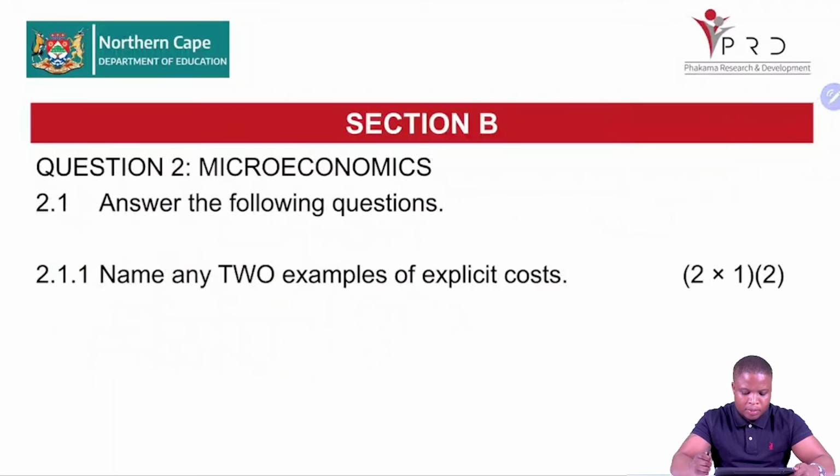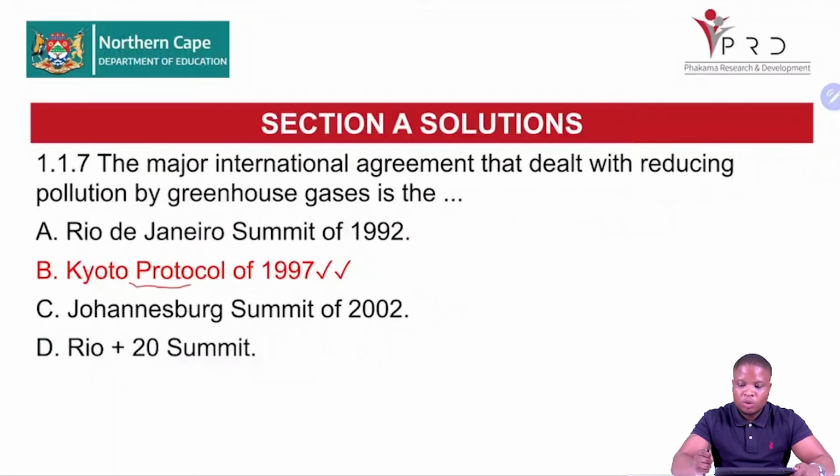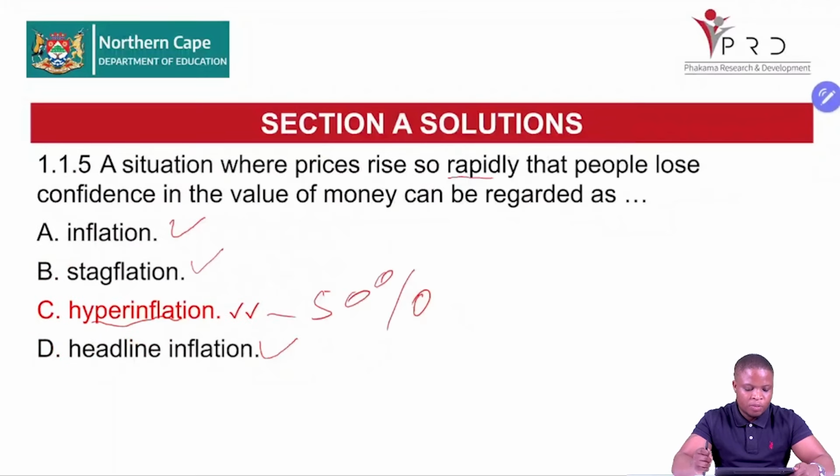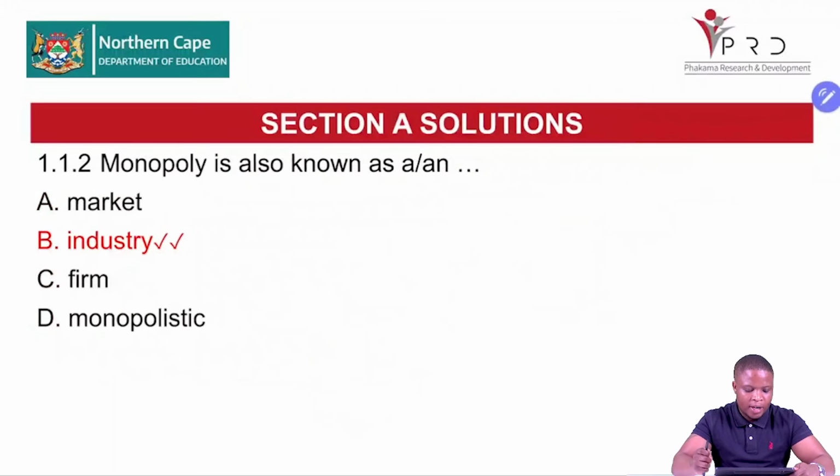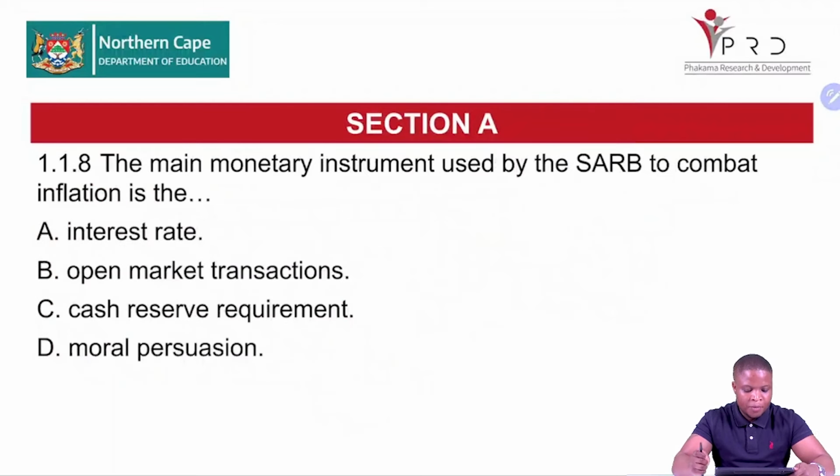Before we move to grade 12 questions, we're going to go back to 1.8 and look at the question that we had there. 1.8 was: the main monetary instrument used by the Reserve Bank to combat inflation is.